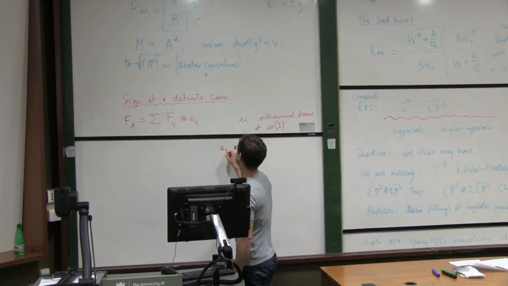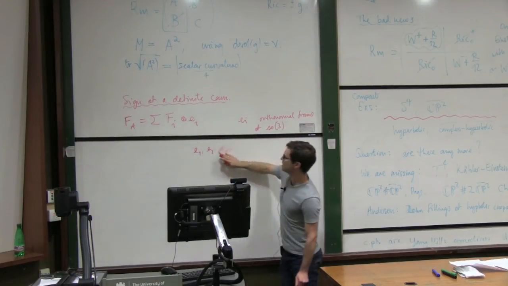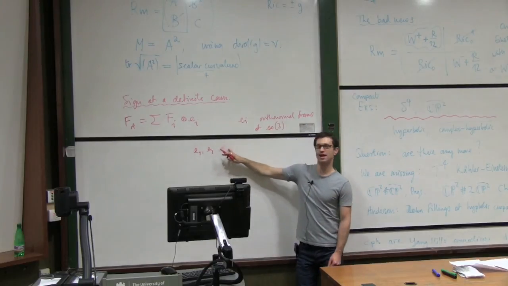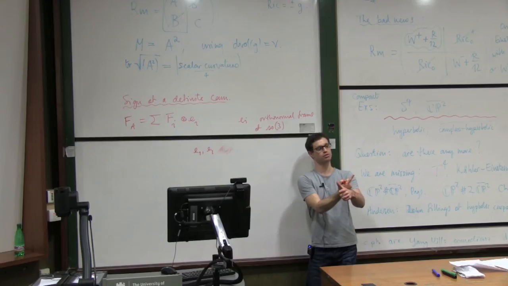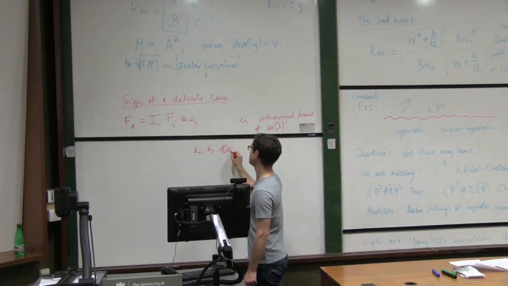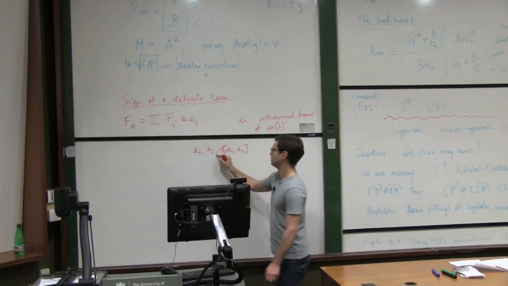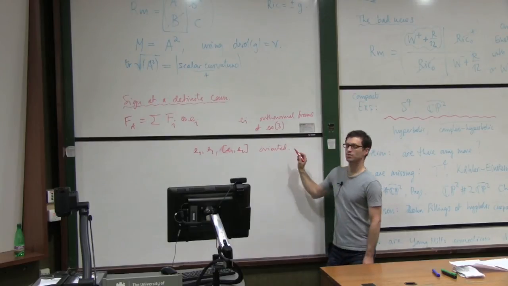A kind of cheating way to do it is to say that E1, E2, and E3: if I give you E1 and E2, which are orthonormal, I need to tell you a vector at right angles to both of them that completes this in a positively oriented way, and I'm just going to take their Lie bracket. Okay, so this is oriented.